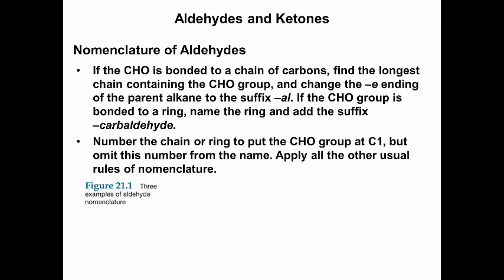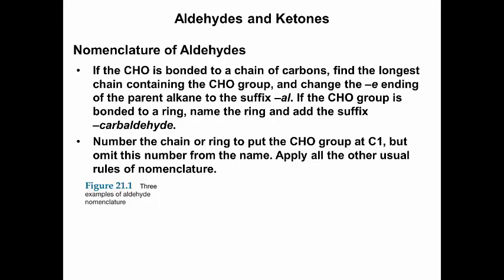Nomenclature of aldehydes. If the CHO is bonded to a chain of carbons, find the longest chain containing the CHO group and change the E ending of the parent alkane to the suffix AL.